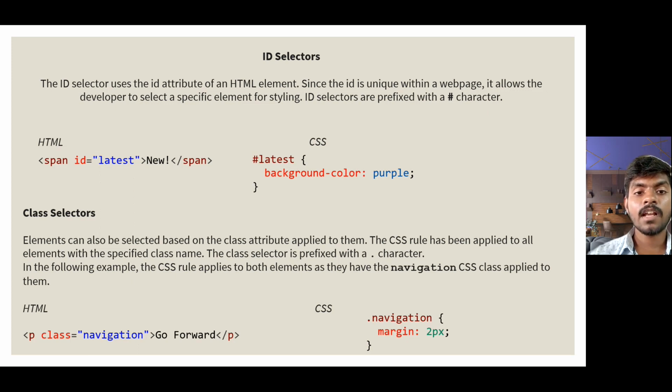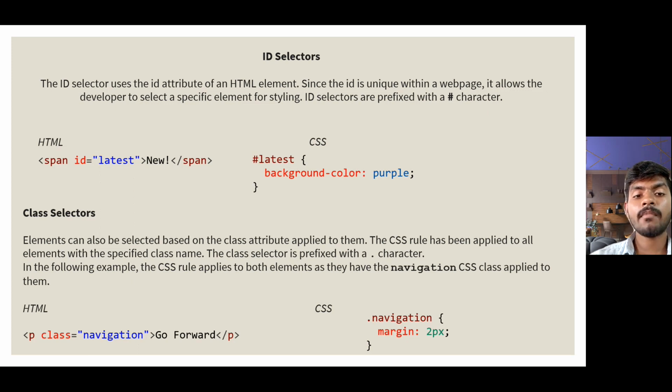Class selector. Elements can also be selected based on the class attribute applied to them. The CSS rule is applied to all elements with the specific class name. The class selector is prefixed with a dot character. In the following example, the CSS rule applies to both elements as they have the class applied to them.